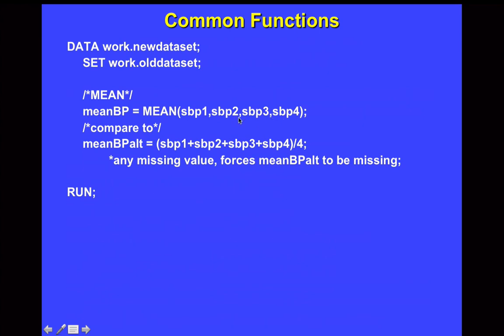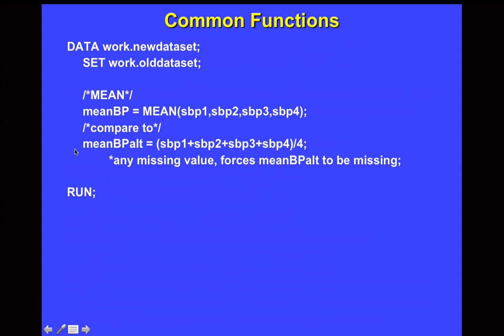Note that the variable names need to be separated by commas, then they're enclosed in parentheses, and there's a semicolon. Now I'll have a new variable in my output data set named mean BP, which will contain the mean of all these values.